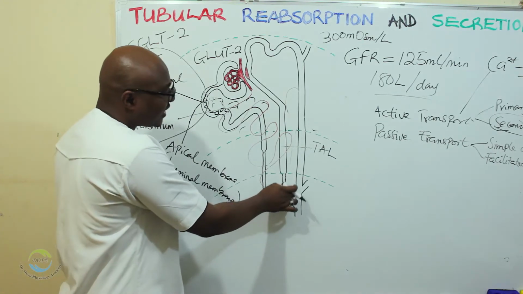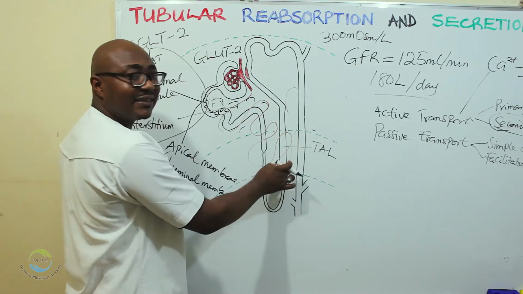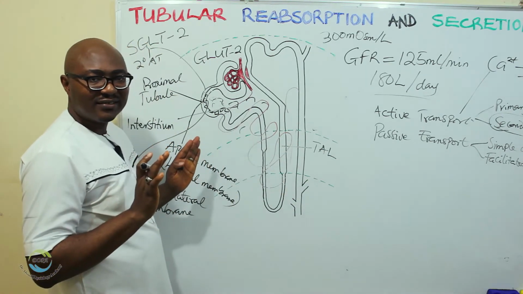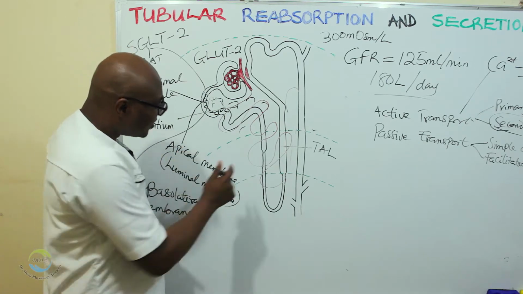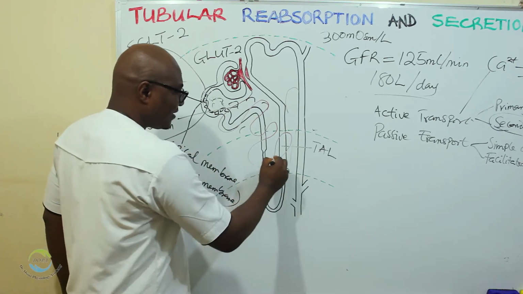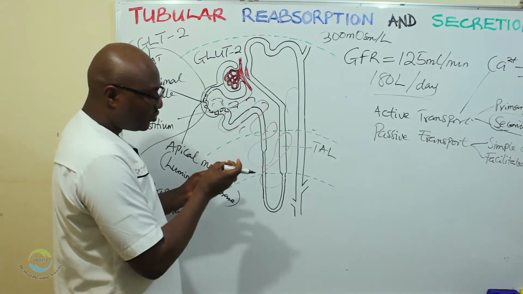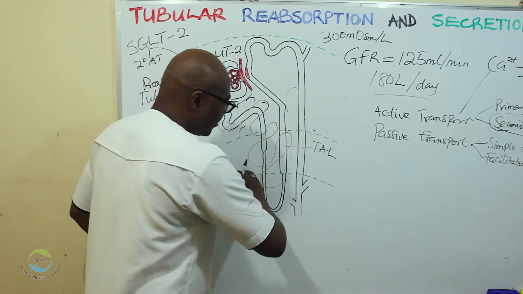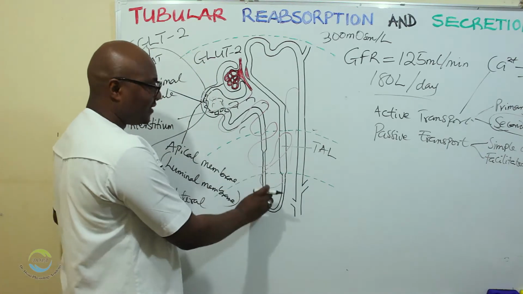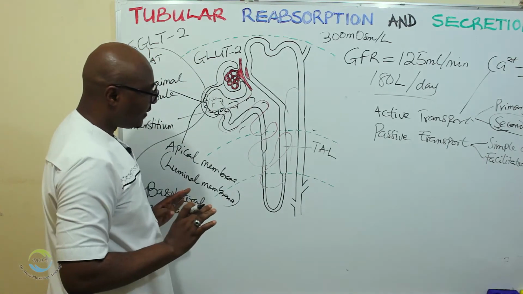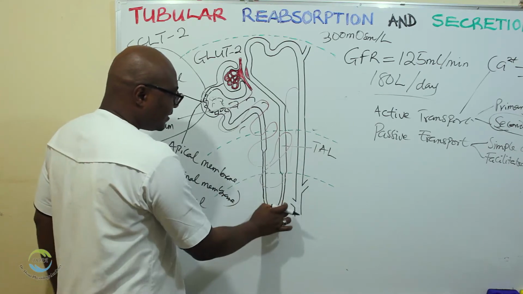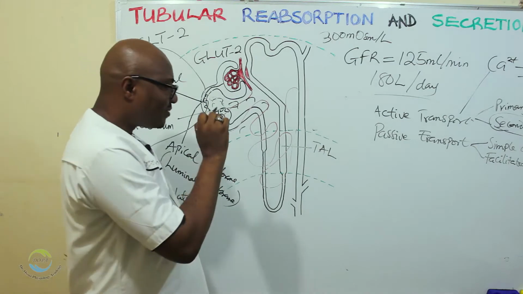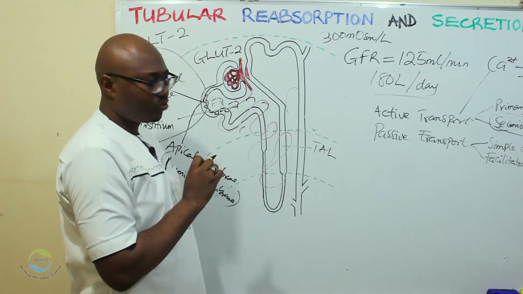The whole of the ascending limb, both the thin ascending and thick ascending, is impermeable to water. So this part takes in water. It's moderately permeable to solutes, but water is freely transported in this thin descending limb of the loop of Henle. Then this whole part is impermeable to water, but it is permeable to solutes.